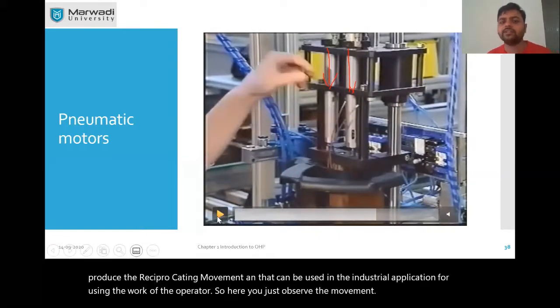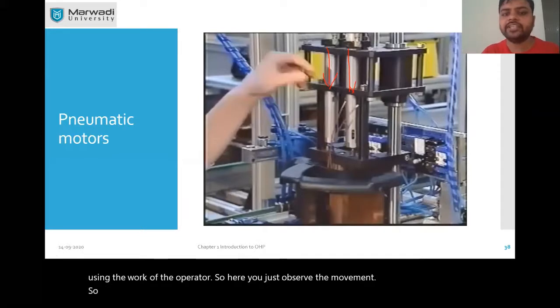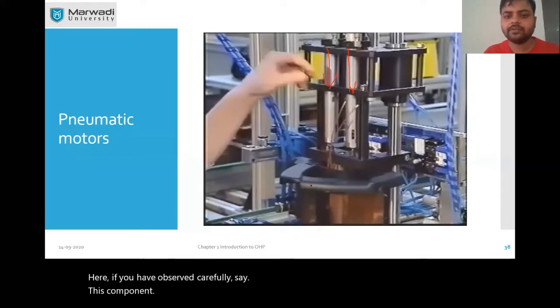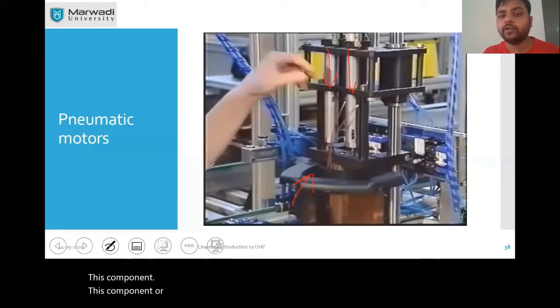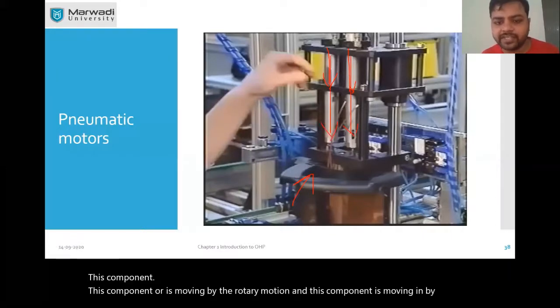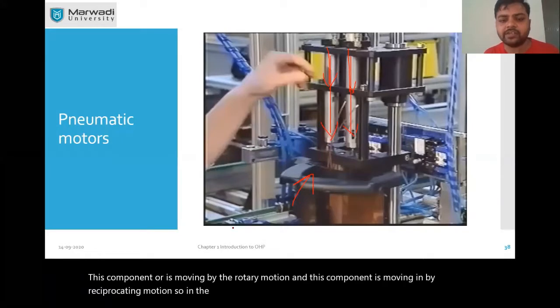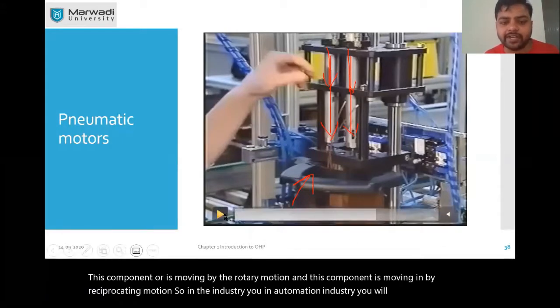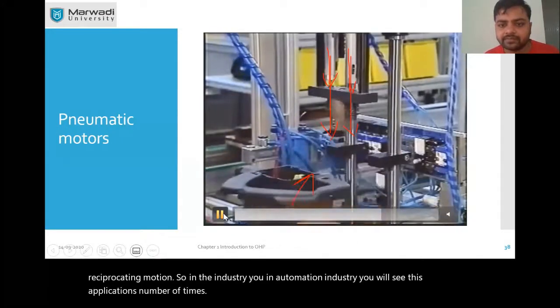If you have observed carefully, this component is moving by rotary motion, and this component is moving by reciprocating motion. In the automation industry, you will see these applications a number of times. All right.